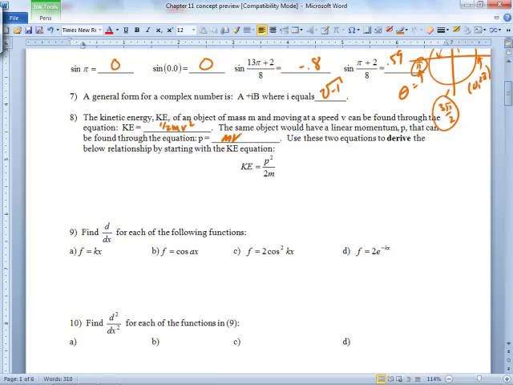Use these two equations to derive the below relationship by starting with the kinetic energy equation. So start with kinetic energy. Derive. What could you do first?